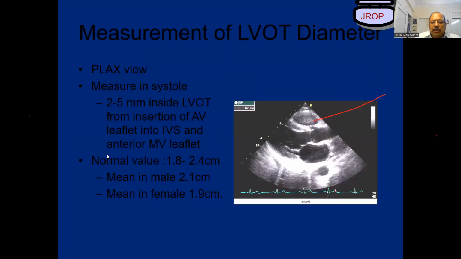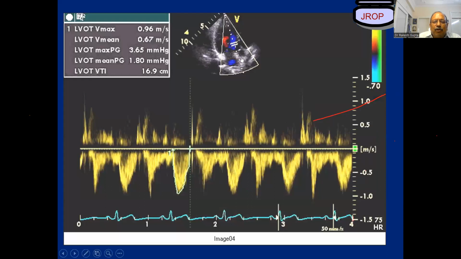Yeah. So this is the LVOT diameter. Then we keep a sample volume in the LVOT, a pulse wave sample volume, just before the aortic valve leaflets. And then what we get is the LVOT VTI. We place this Doppler spectrum pattern. It will give you a peak velocity, mean velocity, peak gradient, mean gradient, but the most important is the velocity time integral.